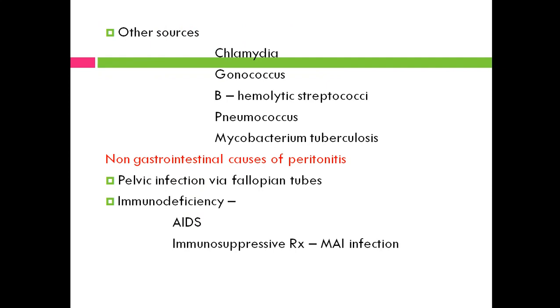Non-gastrointestinal causes of peritonitis may be the fallopian tubes producing a pelvic infection, or immunosuppressed patients, like in acquired immunodeficiency syndrome or immunosuppressive treatment, or even Mycobacterium avium intracellulare infections.